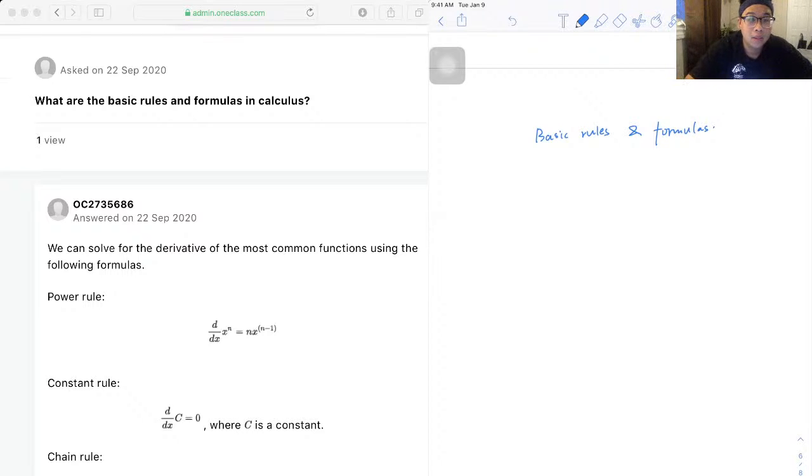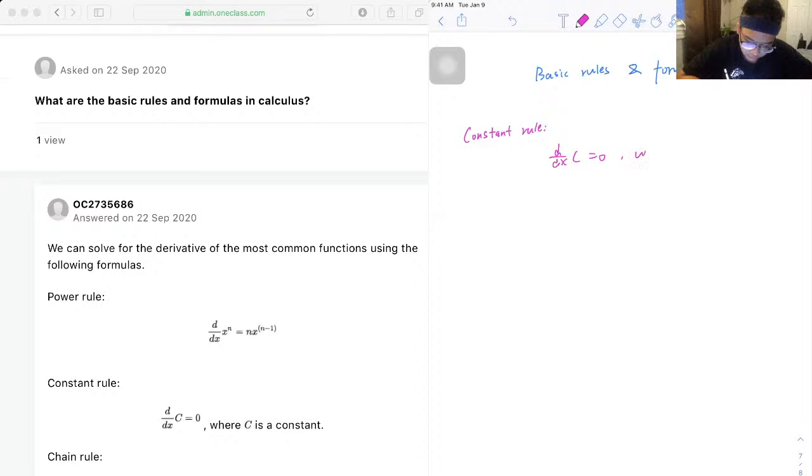All right. So we can solve for the derivative of the most common functions using the following formulas. The first one, let's talk about the constant rule, which means the derivative of a constant is 0, where c is a constant.